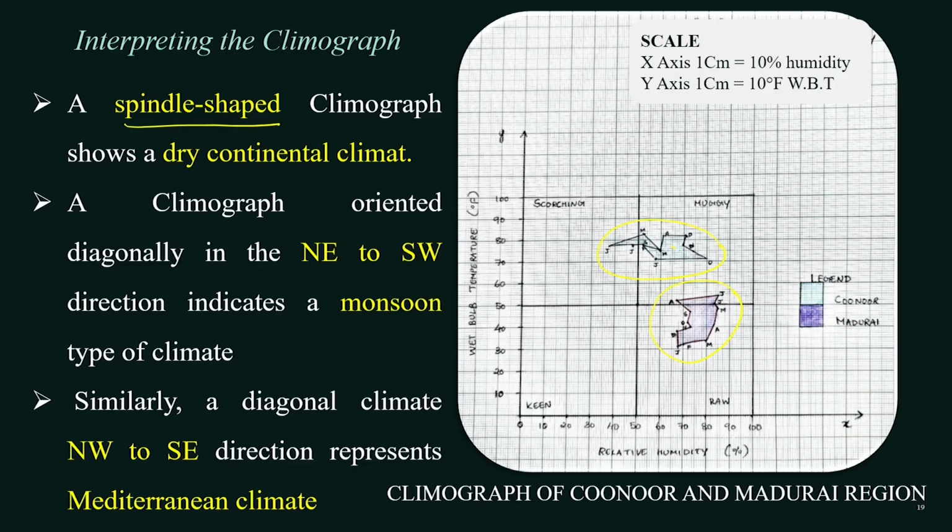Next, a climograph oriented diagonally in the northeast and southwest direction indicates that the region has a monsoon type of climate. Similarly, a diagonal in the northwest to southeast direction represents the Mediterranean climate. So with this, Taylor's climograph is over.